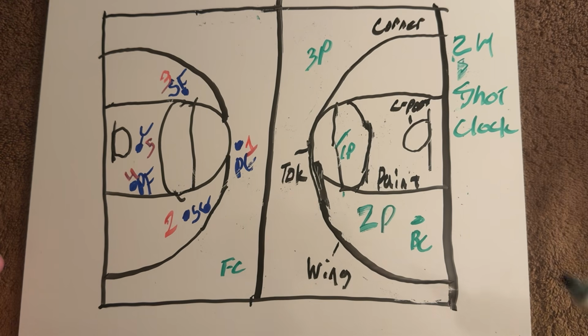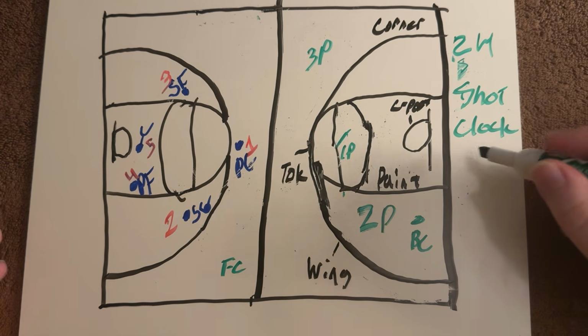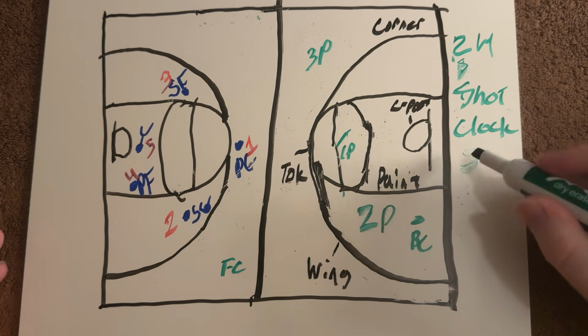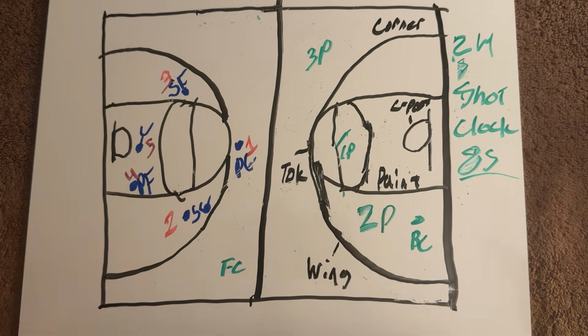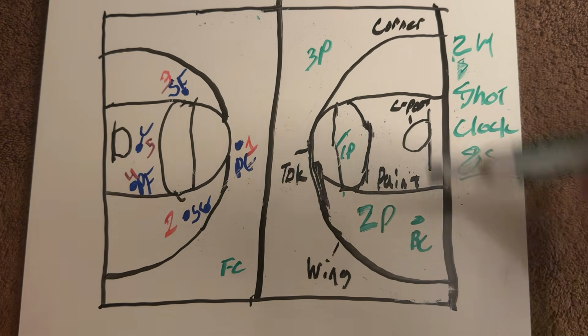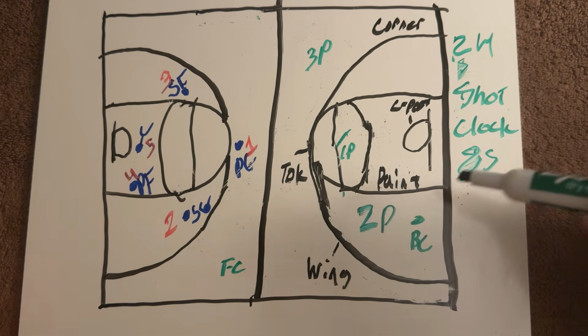Another thing to keep in mind is the 8-second violation. So when you hear the announcers say that someone has committed an 8-second violation, that means that from the inbound, right? So someone comes in, scores, the opposing team then gets the ball.